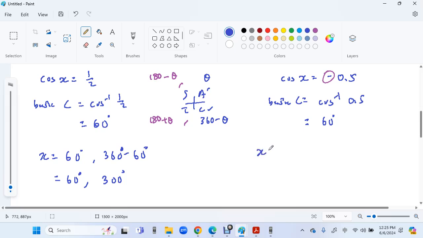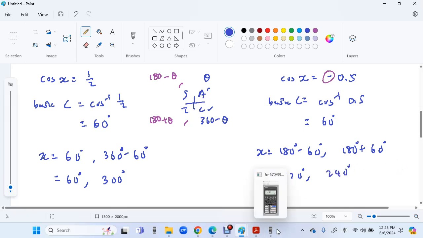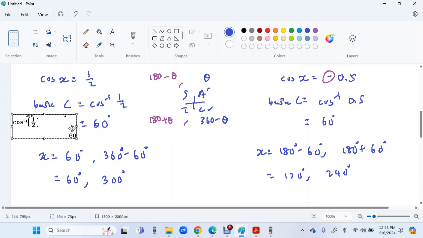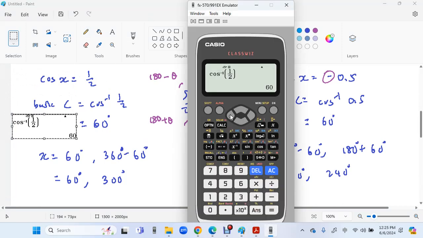So x is 180 minus 60 and 180 plus 60, so we have 120 and 240. So the arc cos of half is 60 degrees, and the arc cos of 0.5 is also 60 degrees.